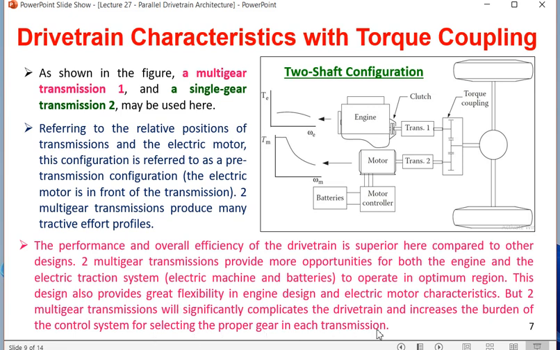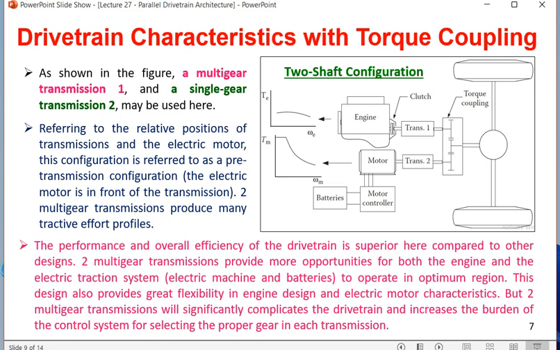Generally, you might not have seen any vehicle with two clutches. So in this case, if we put another clutch after the motor, while driving an HEV we have to control two clutches, one clutch for the engine and one clutch for the motor, and generally it is very cumbersome and very complex.